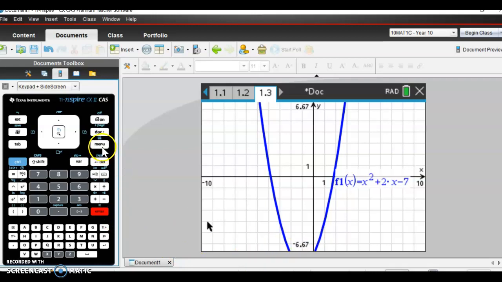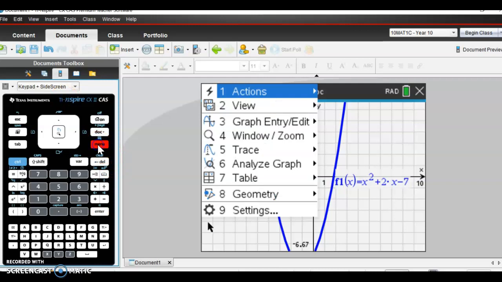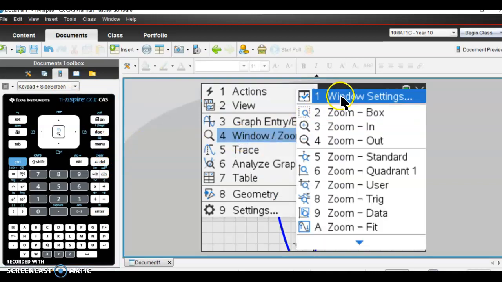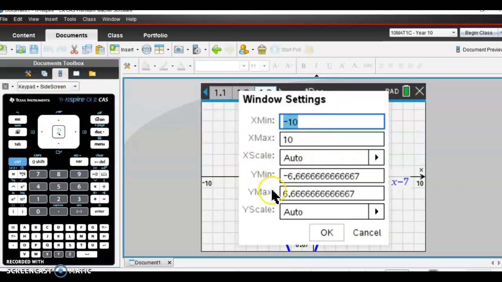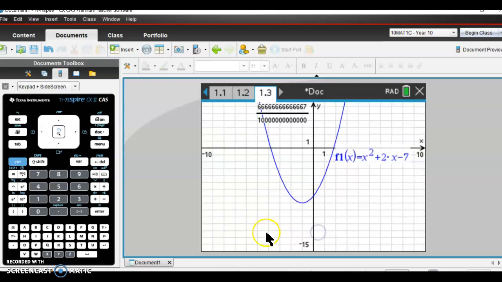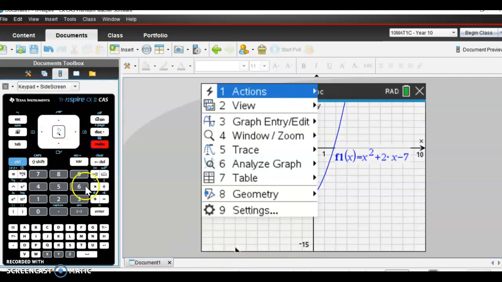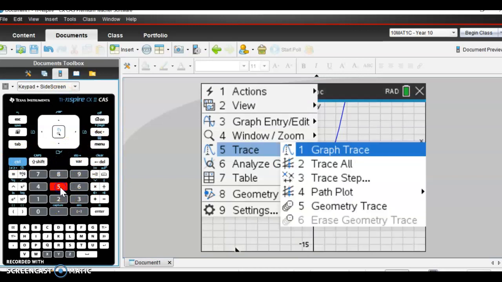Remember, we need to see most of it. In the meantime, you have to go menu, window settings, and we want the y minimum to be about minus 15. The rest looks all right. Press OK. We can see it. We now need to identify the x-intercepts and, of course, the turning point that was mentioned. That is, remember, menu 5, 1.